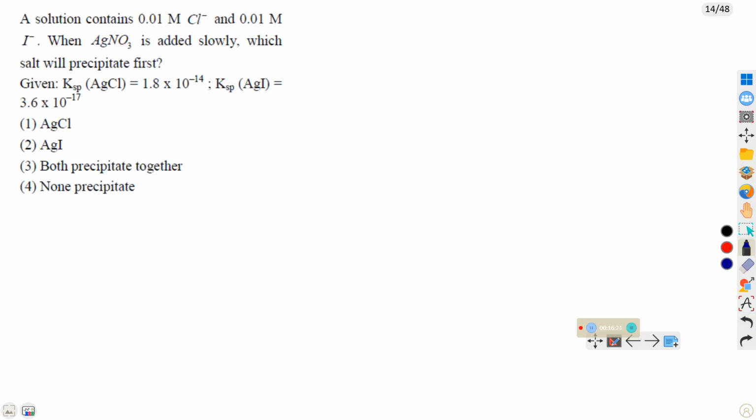A solution contains 0.01 molar Cl minus and 0.01 molar I minus. When AgNO3 is added slowly, which salt will precipitate first? First of all, Ksp of AgCl is equal to Ag plus concentration into Cl minus ion concentration.